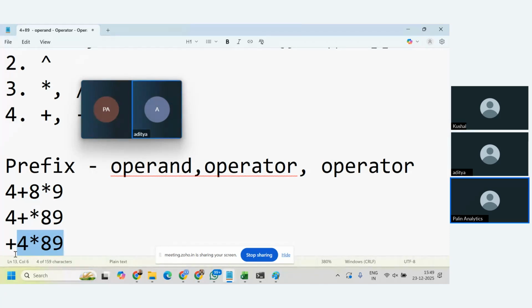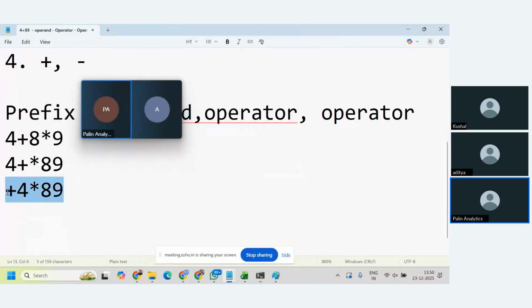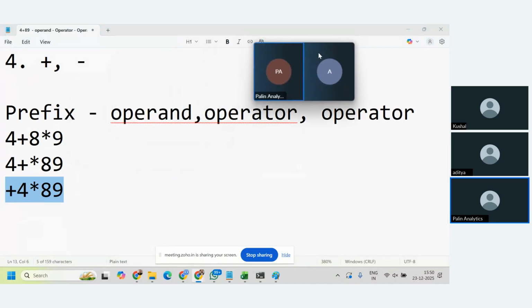Now when this is calculated in prefix, there is no need to expect any kind of brackets and all. Automatically, when the calculation happens, first of all it will try to find this. When it has found this, it will see the operators. For this 4, this plus, one operator it gets over here, and after 4 it immediately gets another operator.